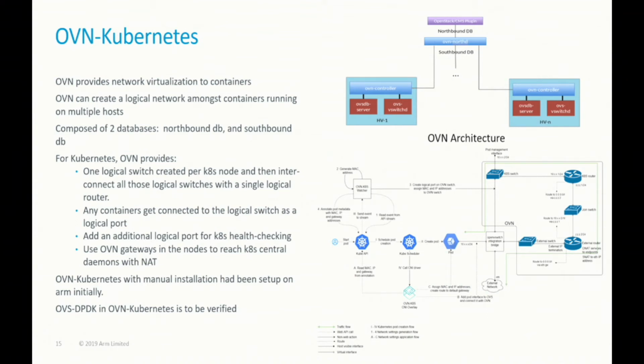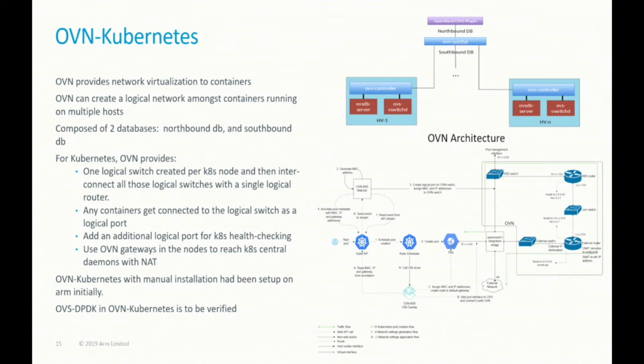The OVN architecture is very direct, composed of the northbound and southbound databases to store all the needed logical switches and the physical implementation of the switches. The lower right part of the graph is for the OVN Kubernetes networking abstraction, connecting all the containers.